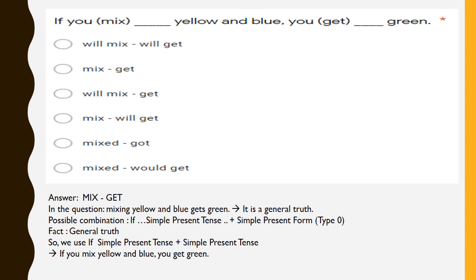So the possible combination is if simple present tense combined with simple present form, or type 0, because the fact is a general truth. So we use if simple present tense combined with simple present tense. And the right sentence is: if you mix yellow and blue, you get green.